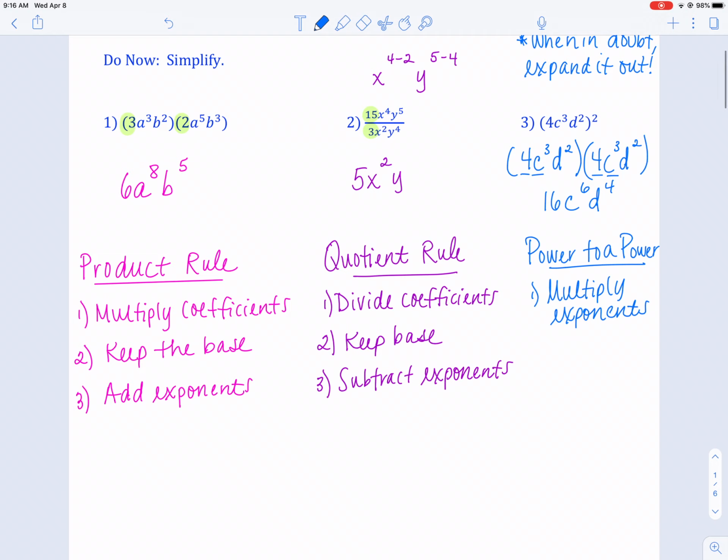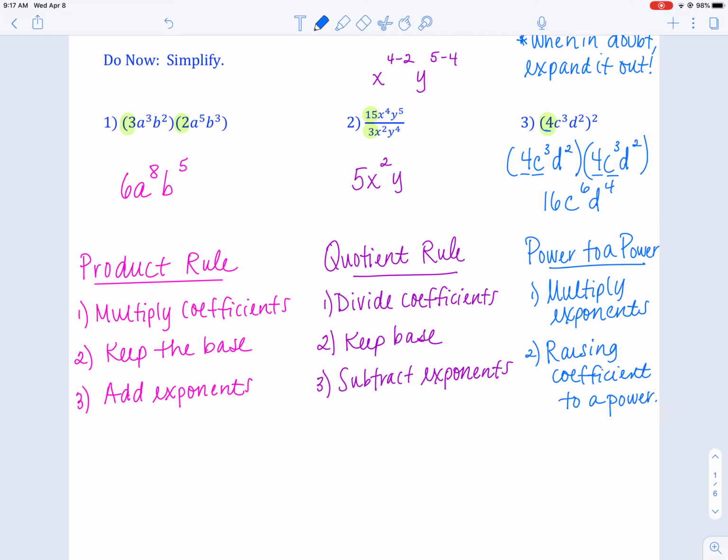Be careful of your coefficient. See that coefficient of 4? Most people will just do 4 times 2, right? And that would not give you what you need. That would give you 8. You need 16. So make sure you're not only multiplying your exponents, you are raising your coefficient to a power. If there is a coefficient, be careful, you have to raise it to a power.